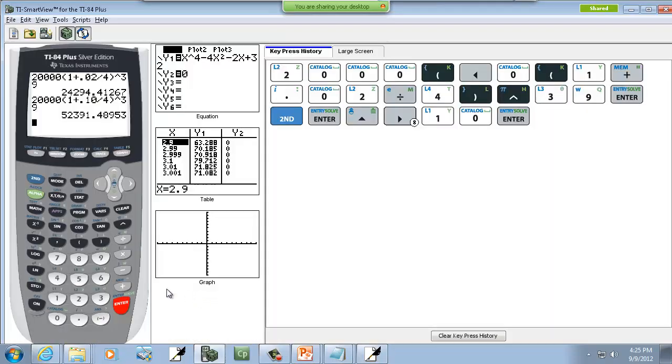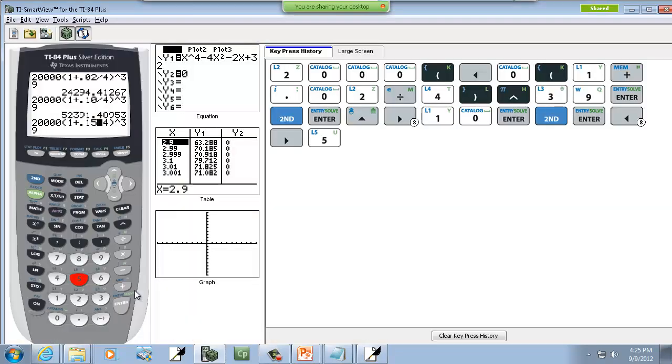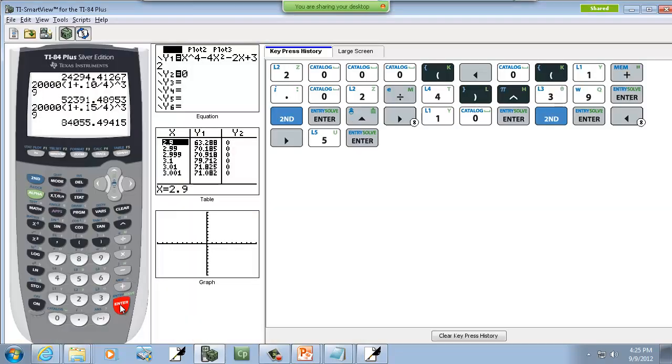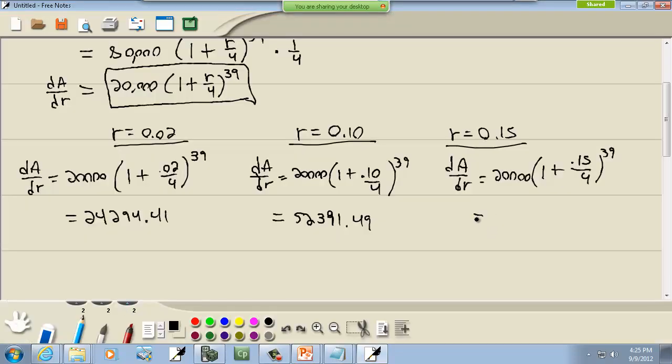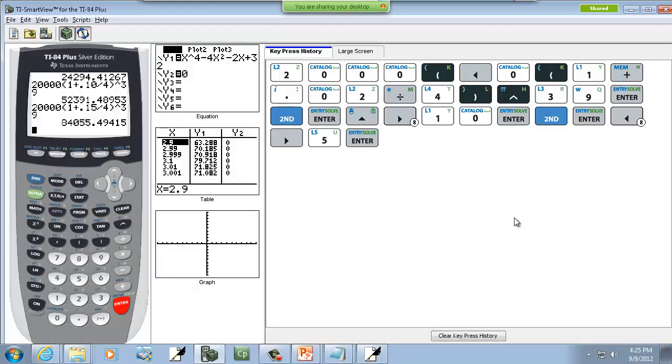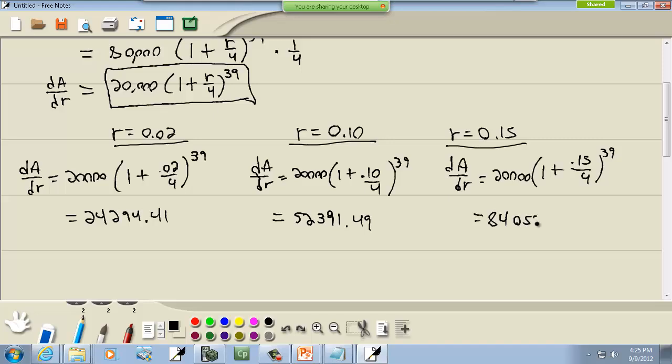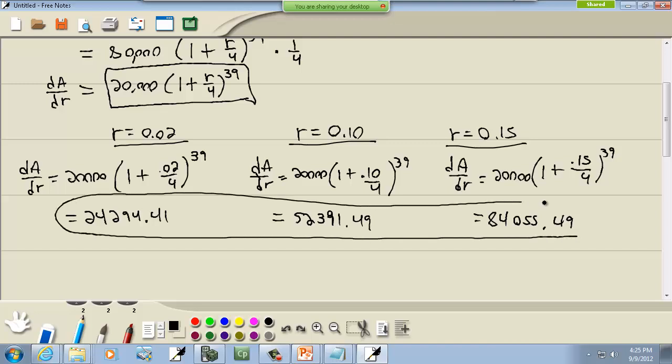Now we'll plug in 0.15. So I'll do second enter, bring up the previous entry, and I put in 0.15 there. And enter. And we get 84,055.49. And those will be our three answers for A, B, and C.